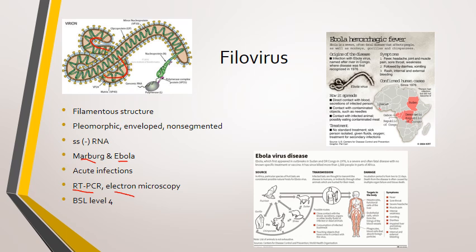These both cause a hemorrhagic fever, hemorrhagic meaning that the patient starts to bleed. One of the dangers with the filoviruses, or the only danger really, is contact with body fluids of an infected person. That's the only way a human at this point can become infected with either of these viruses.